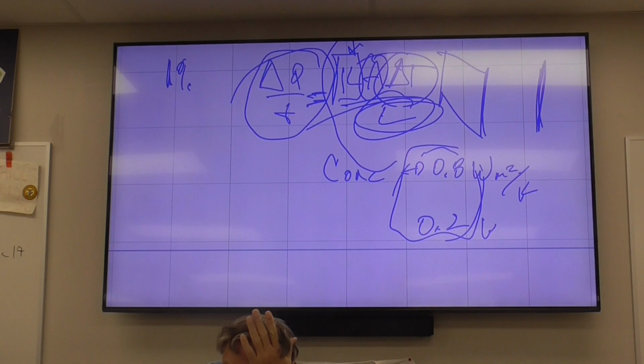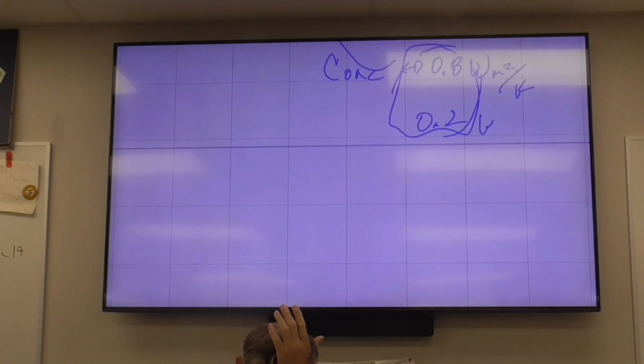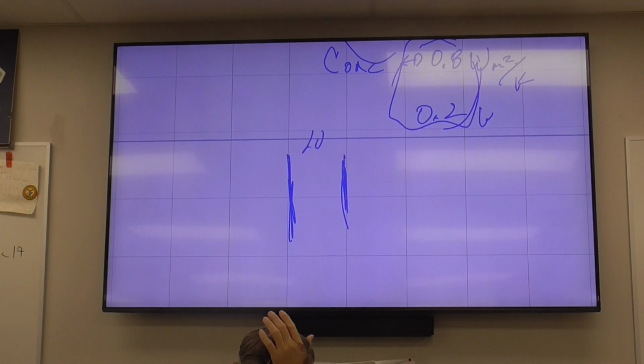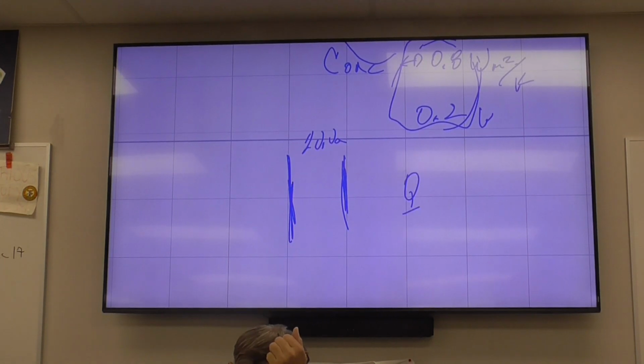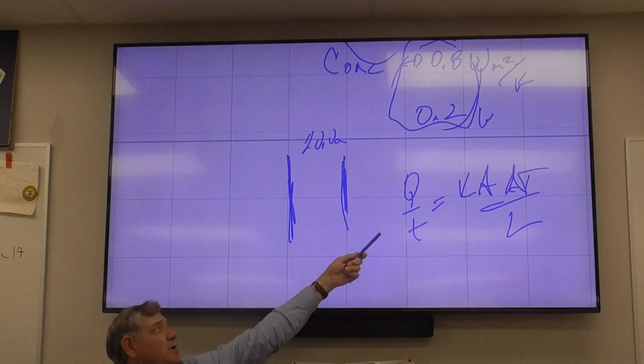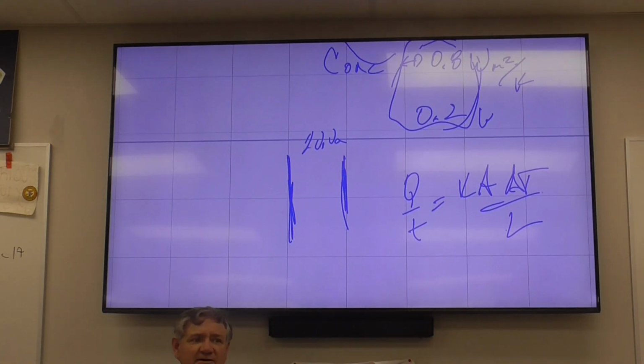Now, if you look at question number 19, you've got a concrete wall that's 20 centimeters thick, okay? And you know that Q over time is kA delta T over L, where L is your thickness. So both walls are going to have the same area, not a factor.